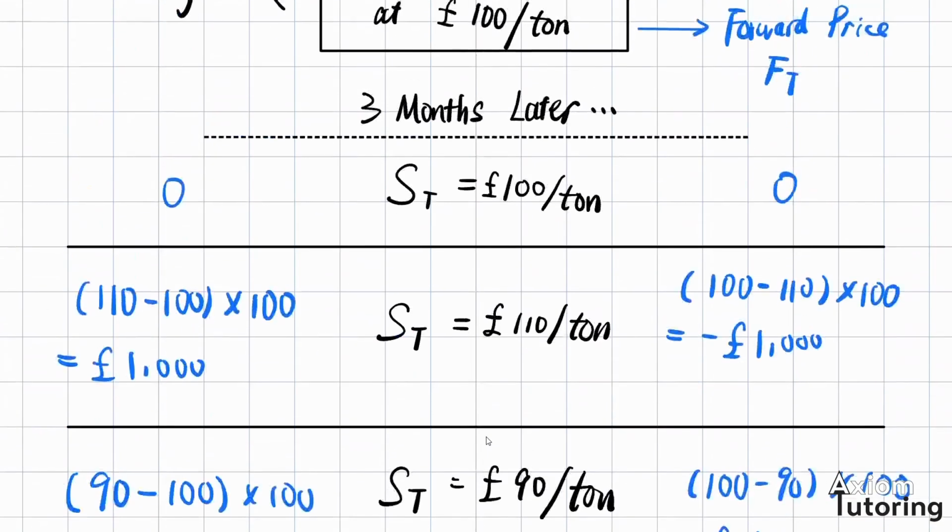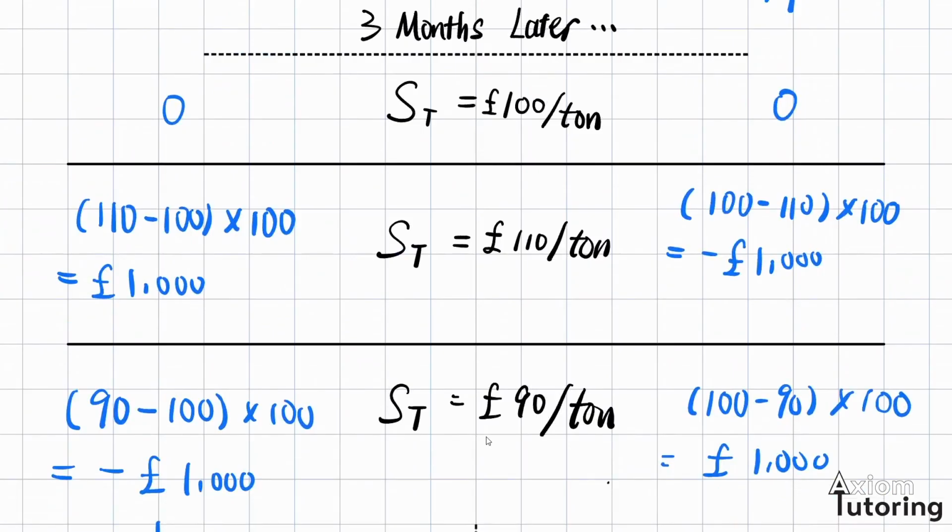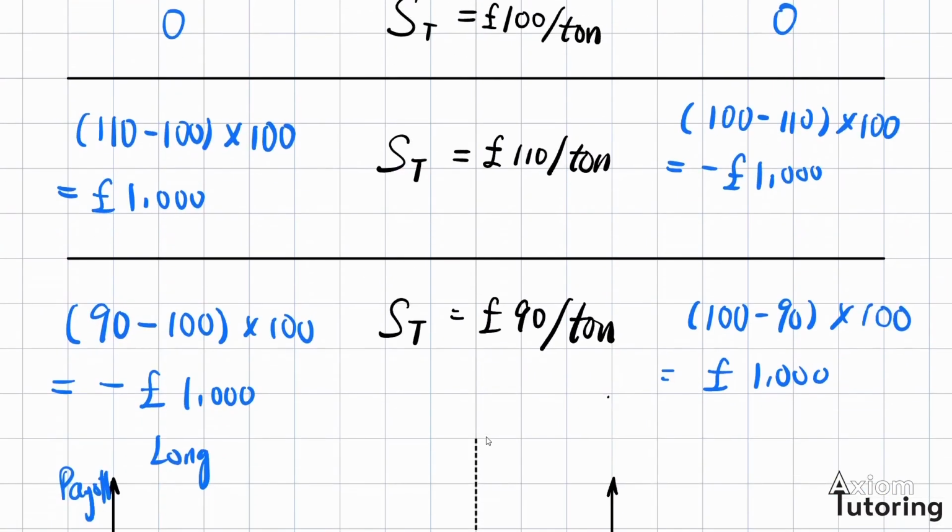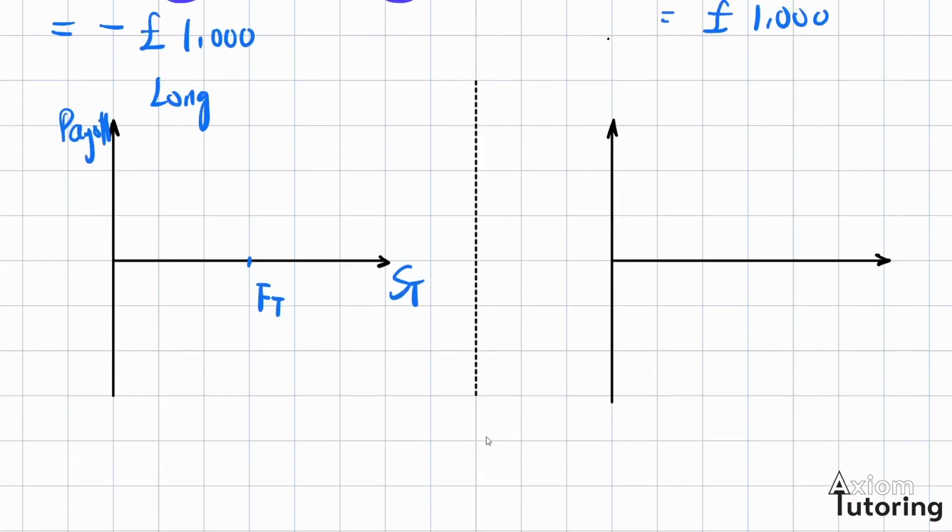The payoff is going to be positive if your spot price is higher than your forward price, and negative if your spot price is lower than your forward price. So if we represent it here, that's going to be an upward sloping straight line.